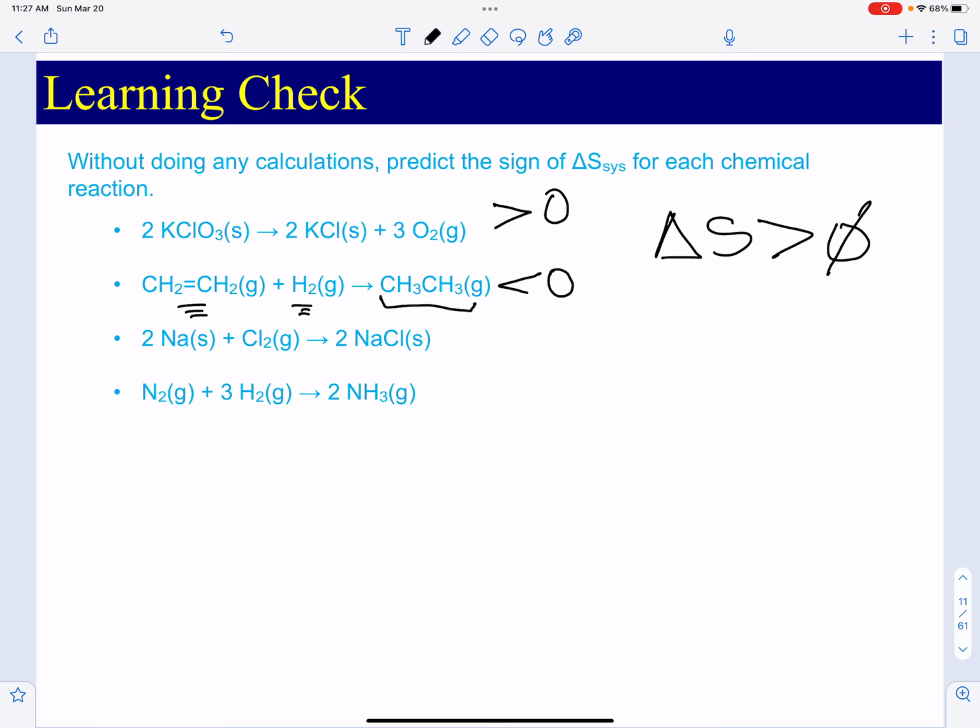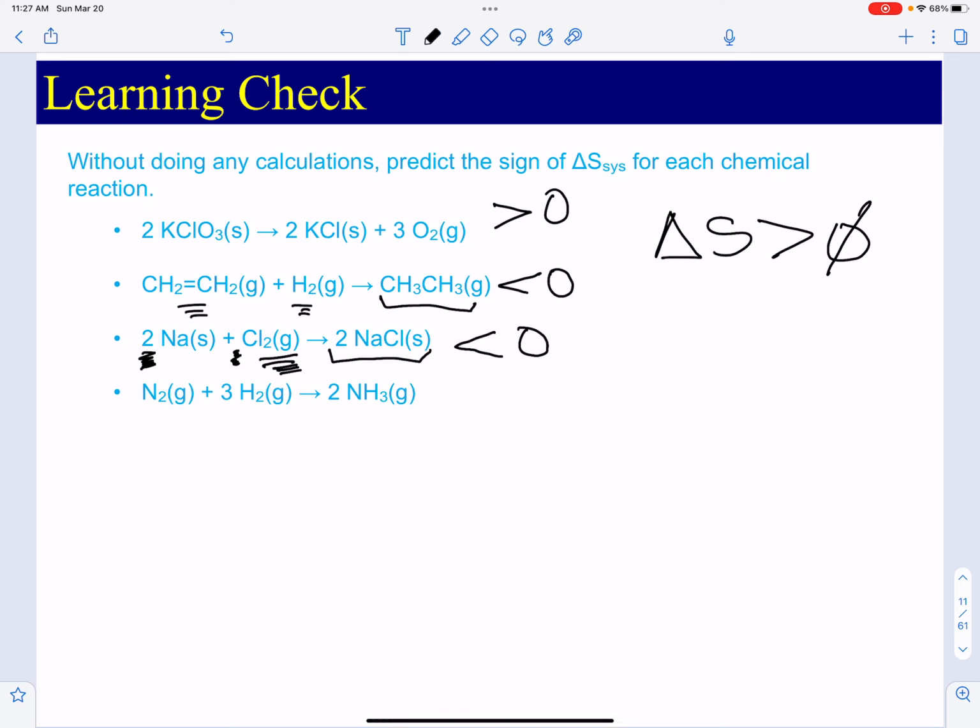On the next one, we have two atoms of sodium and one molecule of chlorine combining to give us two molecules of the solid. So we used to have one that was a gas with a lot of kinetic energy. The gas is gone, so it became more organized. So this will be negative also.